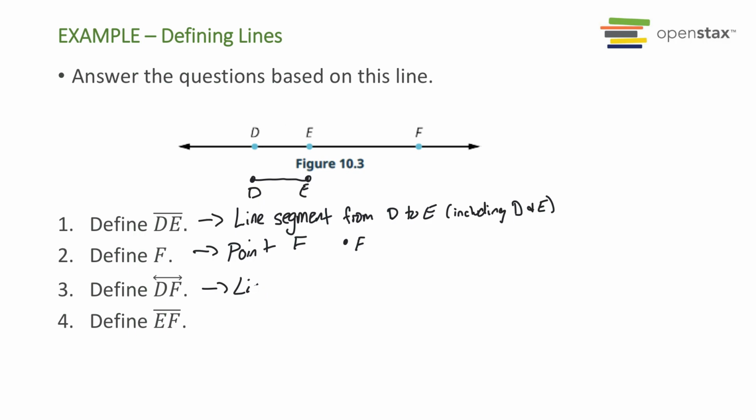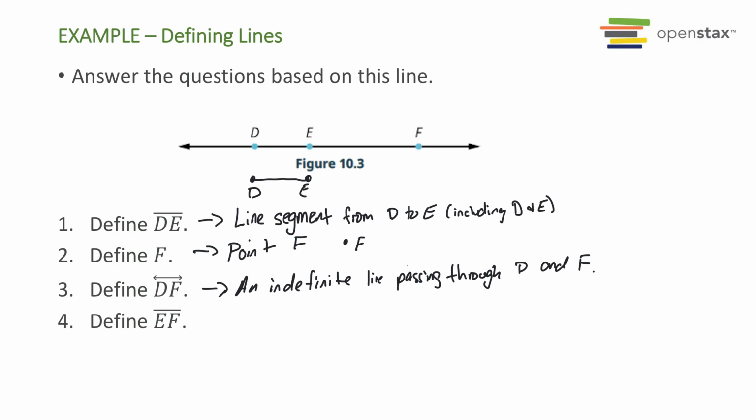So another way we would say this if we were defining it, this is an indefinite line, and I would write it as passing through D and F. So this is an indefinite line passing through D and F.